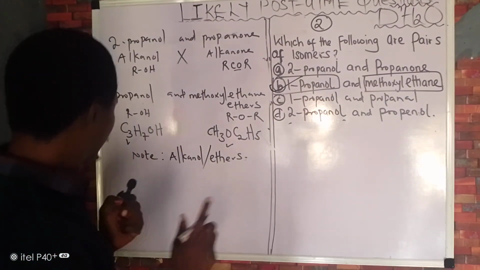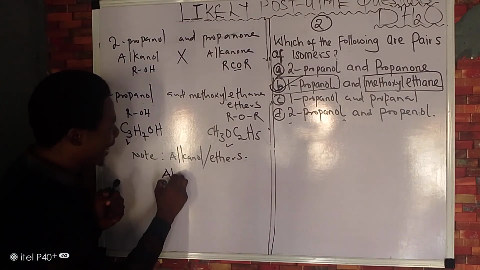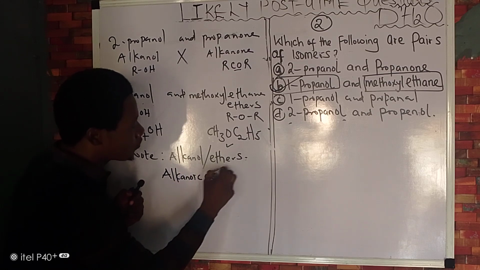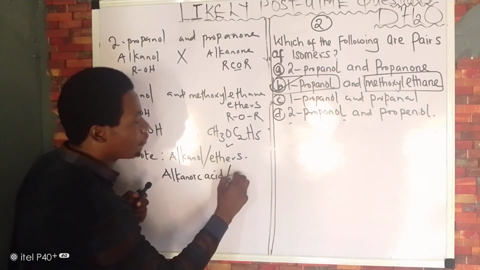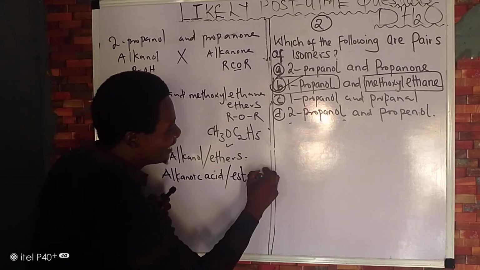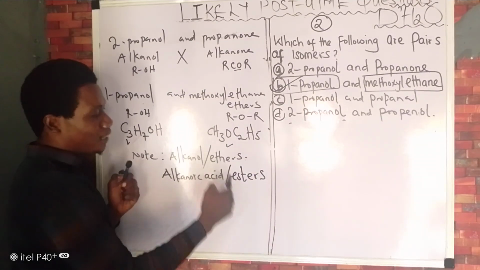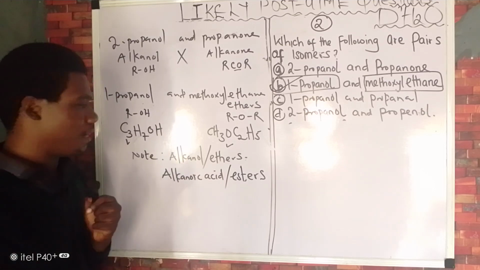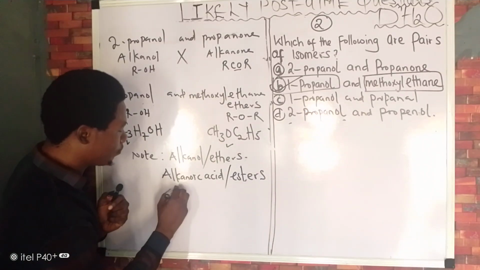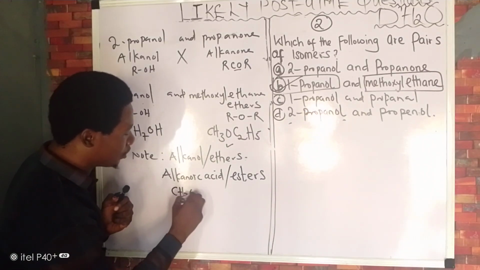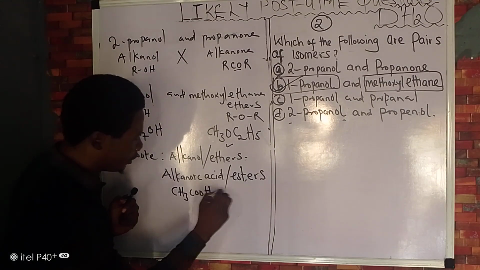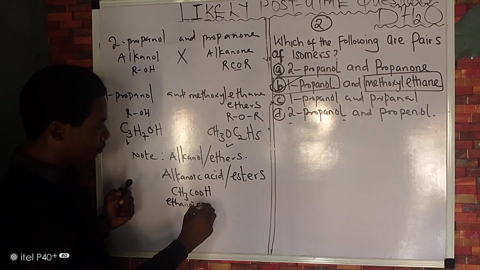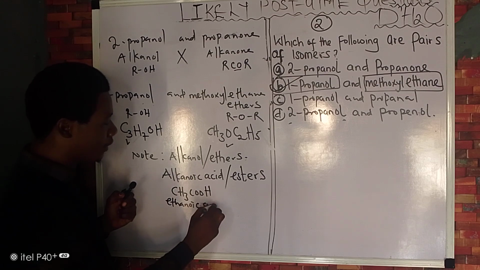Also, take note of this, that alkanoic acid is an isomer of ester. Esters. This is ethers, while this is esters. They are not the same. I'll give you an example. Imagine the compound CH3COOH. This compound is called ethanoic acid.